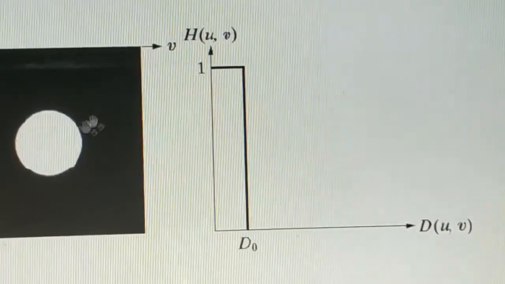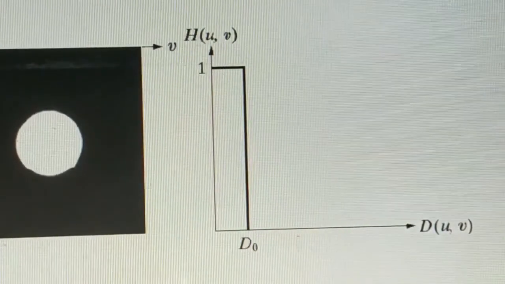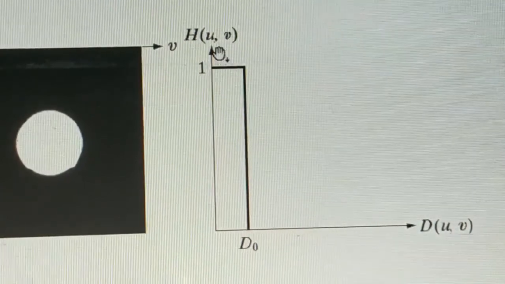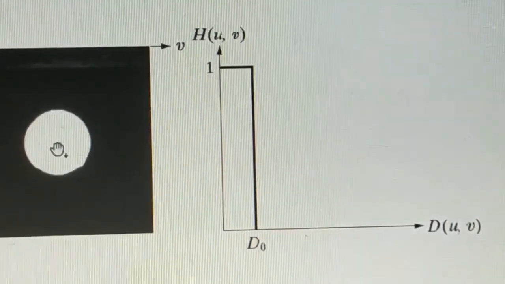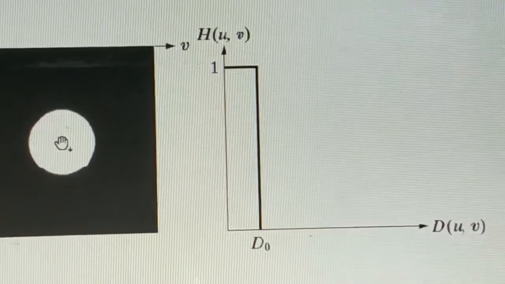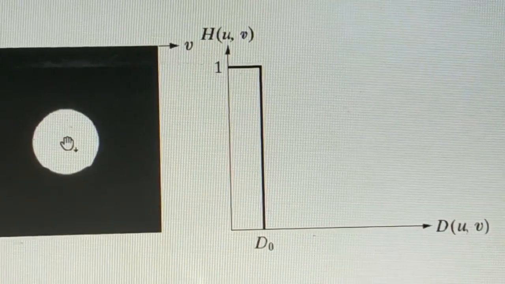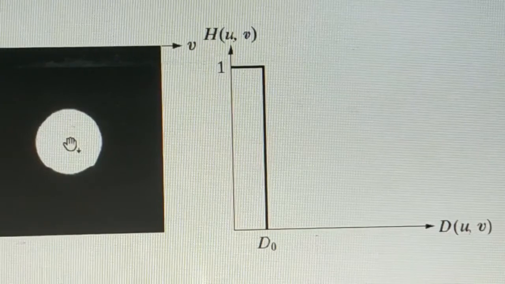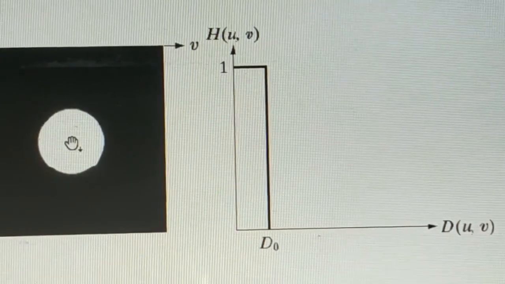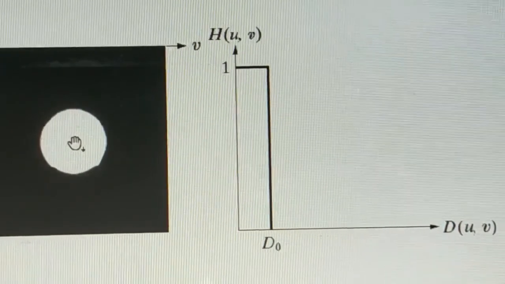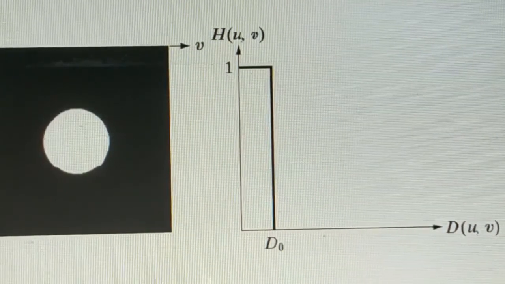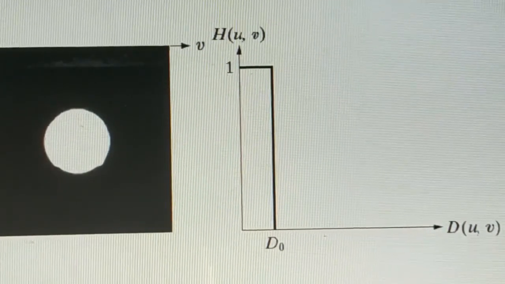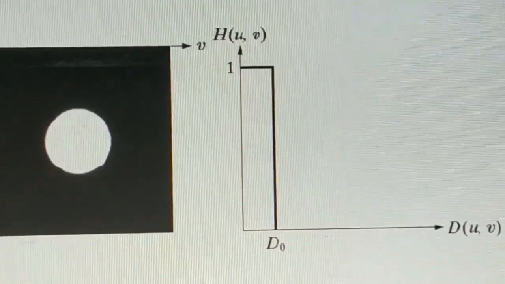Now let us come to the radial cross section representation of H(u,v). This origin, u equals p/2 and v equals q/2, represents the zero frequency, and H(p/2, q/2) represents the component at zero frequency.